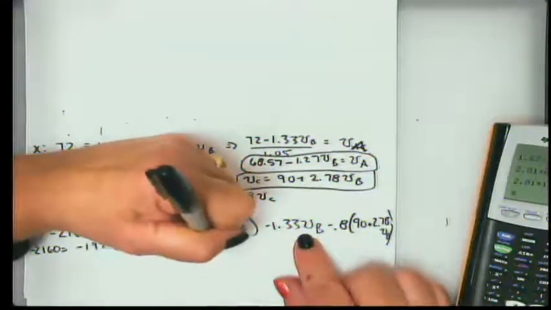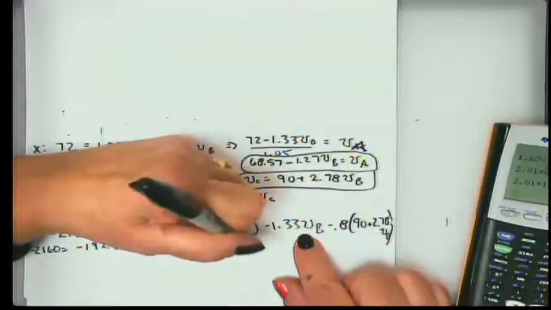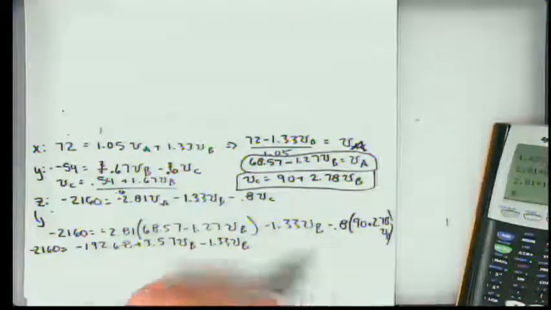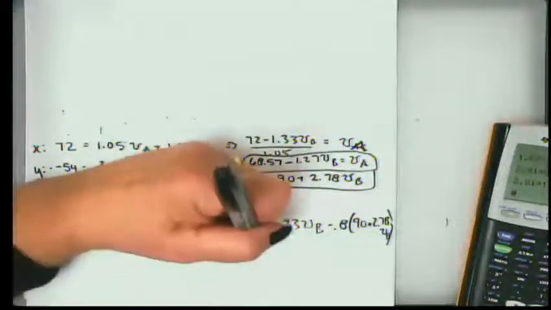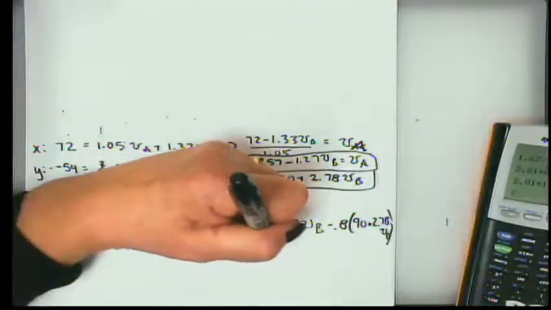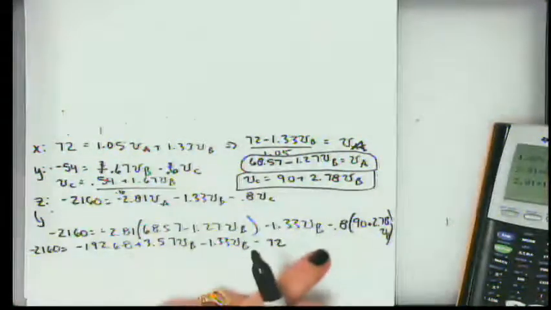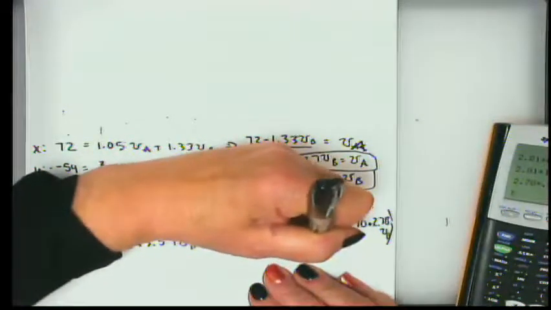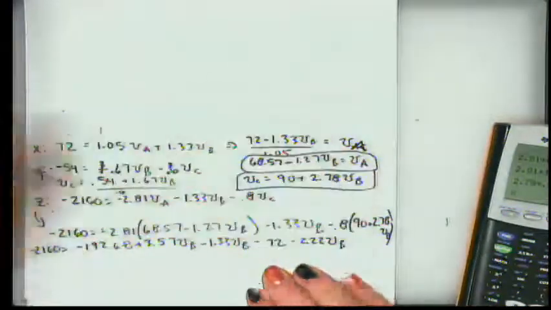And I have minus 1.33 v sub b. And when I multiply 0.8 times negative 0.8 times 90 is 72. So that's a negative 72. And I multiply 2.78. Yeah, those are both positive. That's weird. Times 0.8. And I get minus 2.22 v sub b.